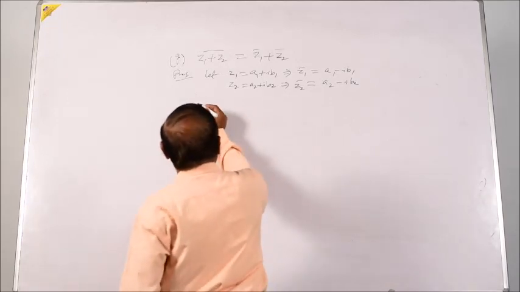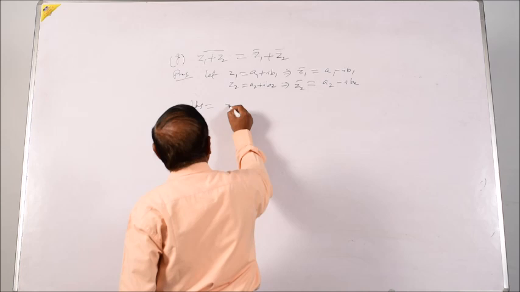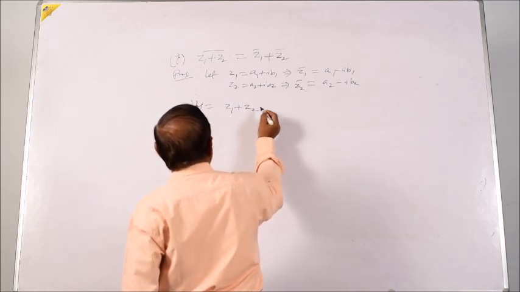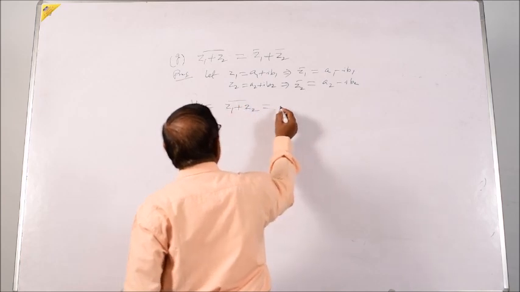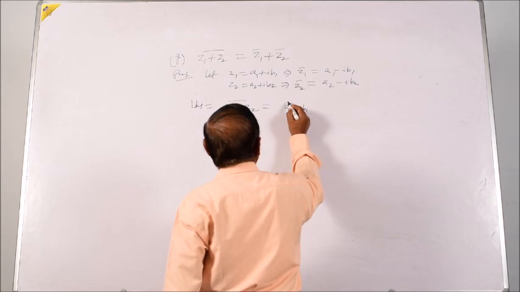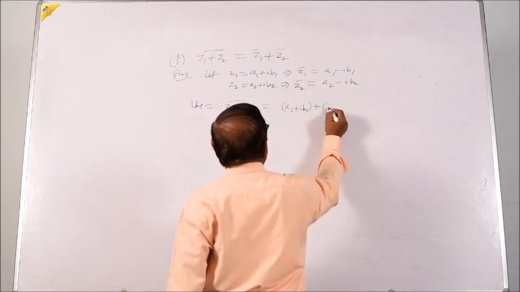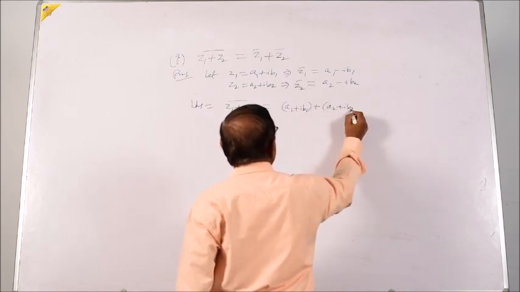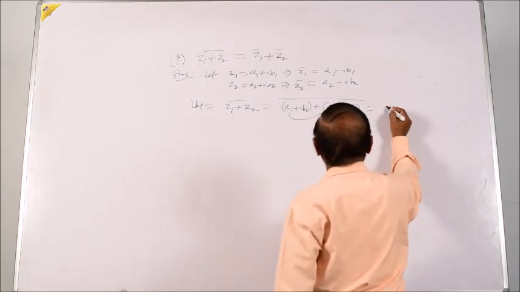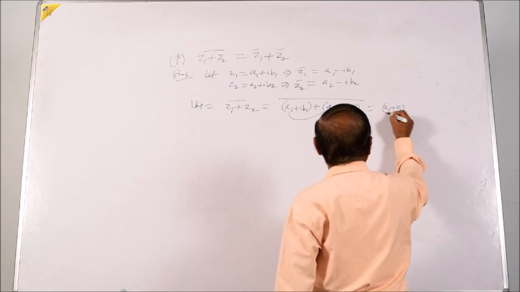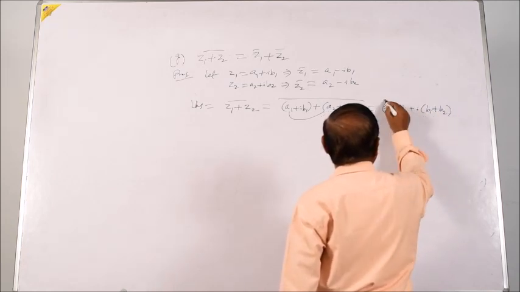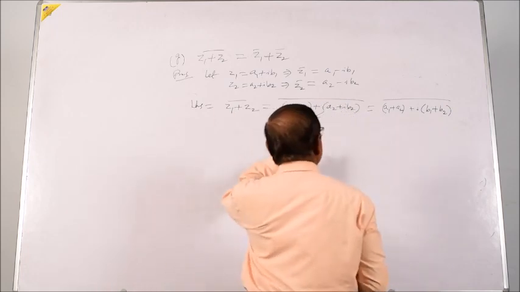LHS is z1 plus z2 whole bar, that is a1 plus ib1 plus a2 plus ib2 whole bar. Let us add real to real: a1 plus a2 plus i common b1 plus b2, whole bar, because bar symbolizes the conjugate.